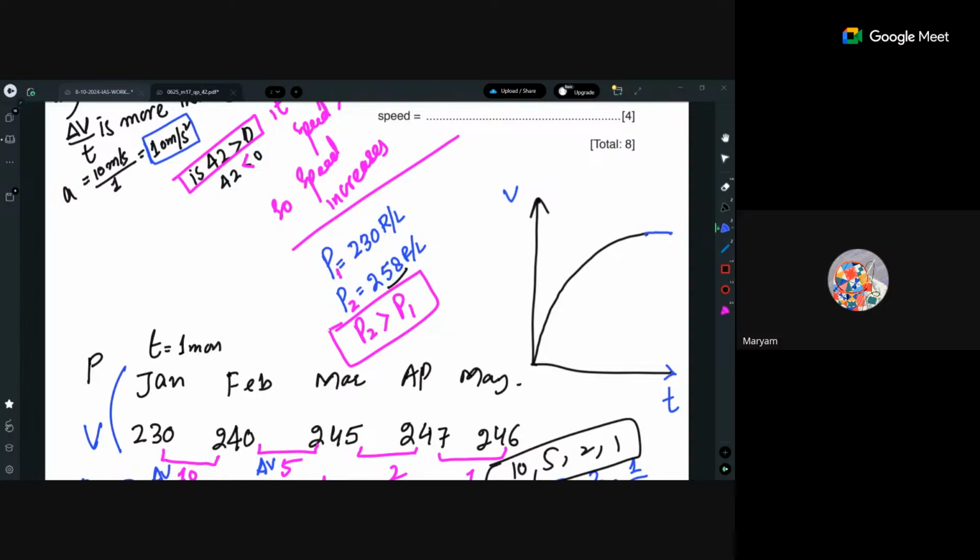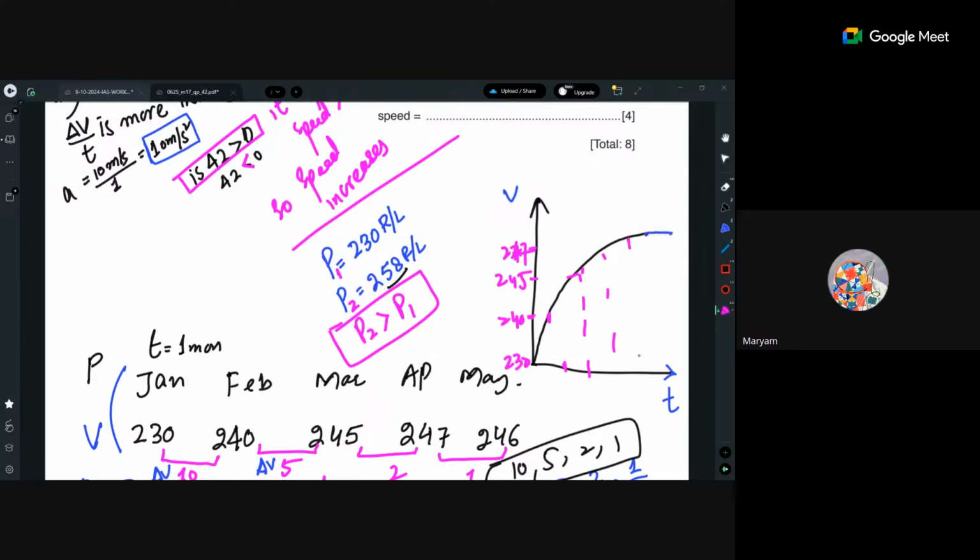I'm saying that if I draw the graph, in the first month the price changed by 10, from 230 to 240. Then in the next month it is just 245, then 247.